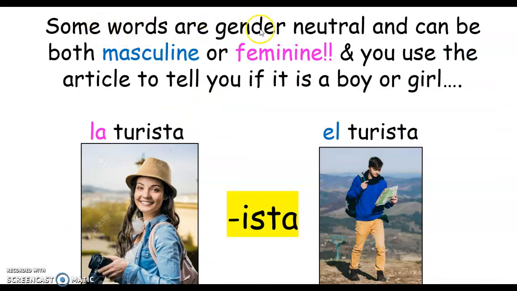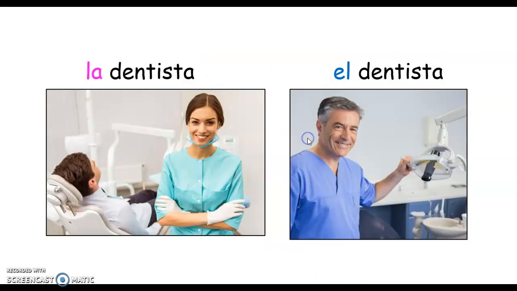Now, some words are actually gender neutral and can be both masculine or feminine. So you use the article to tell you if it's a boy or a girl. For example, words that end in ista. La turista, el turista. Or like dentista. La dentista and el dentista.